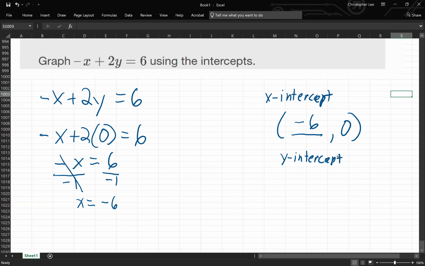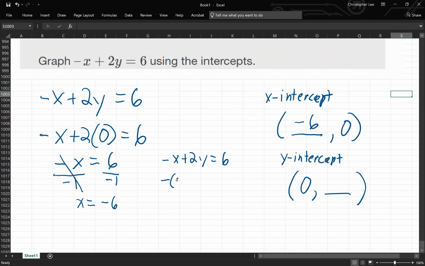Now, you know the y-intercept, right, is where the graph crosses the y-axis when x equals 0. So this is going to be what? 0 comma something. I don't know what it is, right? Let's try it out, right? So I have negative x plus 2y is equal to 6. I'm plugging in 0 for x.